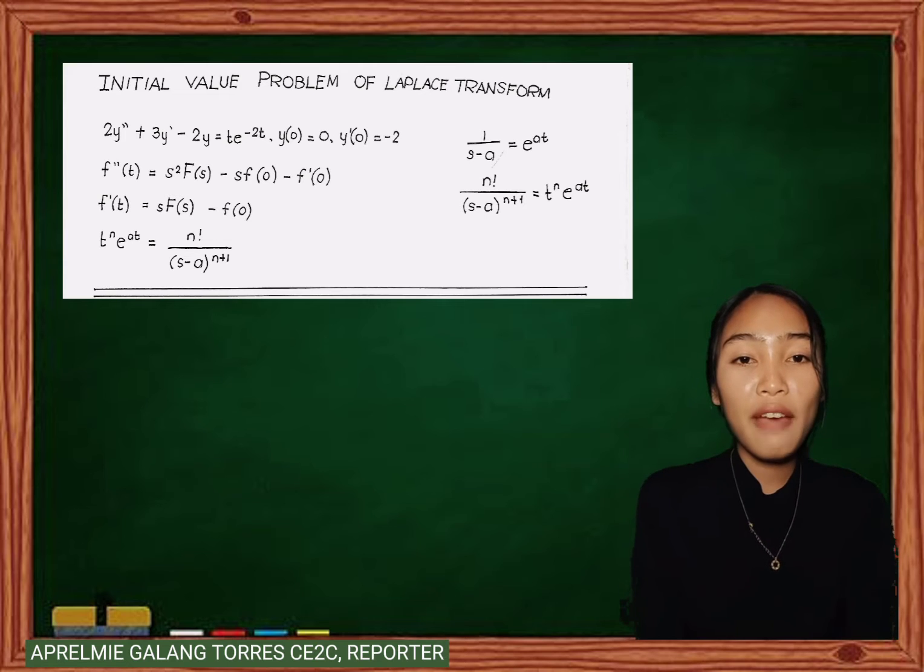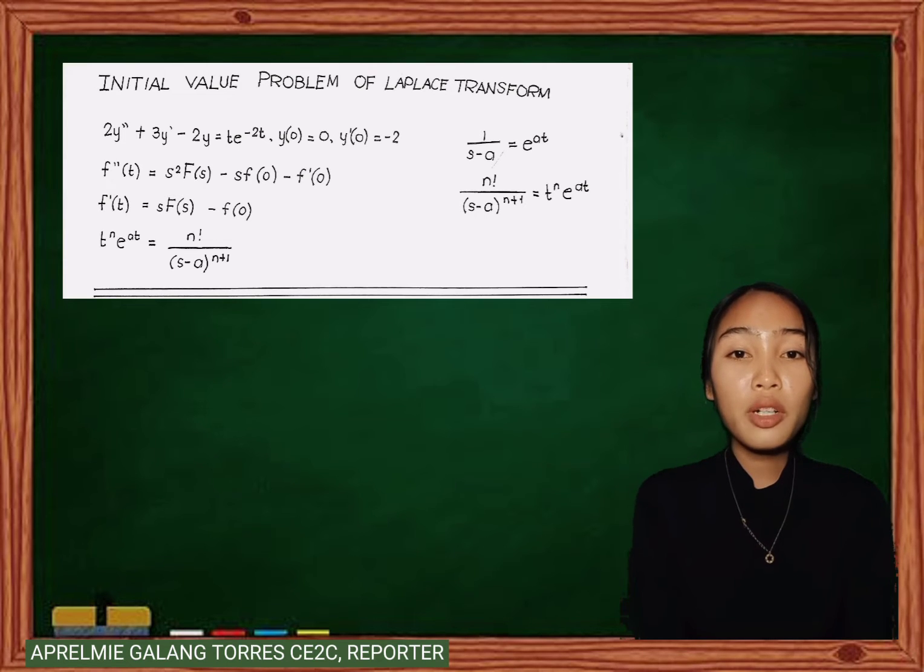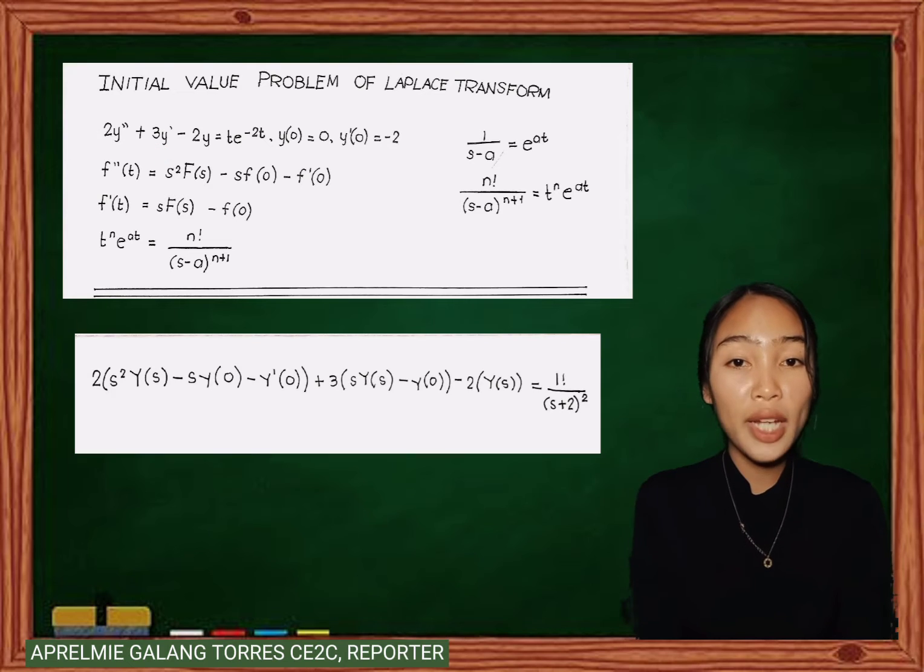We'll start on the left hand side, so we're going to grab first the 2. Now remember, we're plugging in the right side of this equation for y double prime. So we'll say s squared, and since our original function is in terms of y instead of f, remember that F of s denotes the Laplace transform.